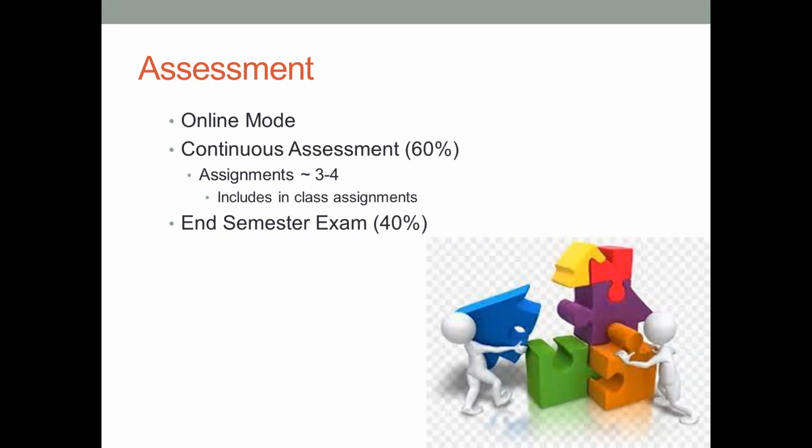Under online mode, this will be 60%. And the end semester exam will carry 40%, which will be contributing to your theory knowledge. Okay, do you understand? So I need all of your patience and your attendance throughout the module.